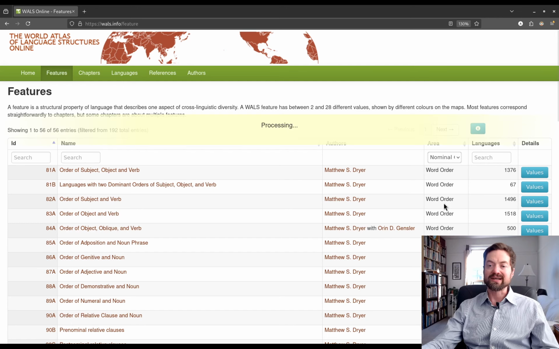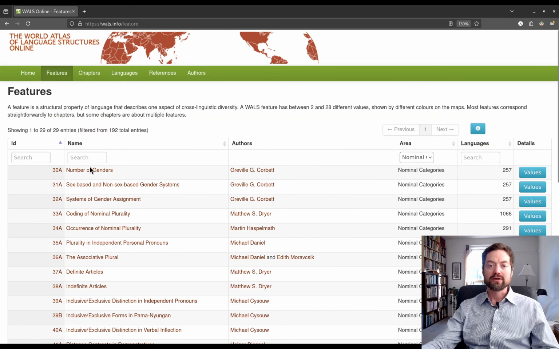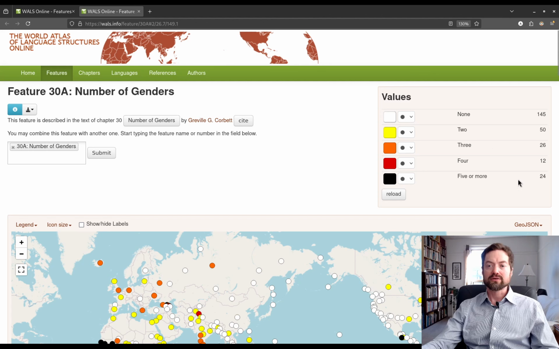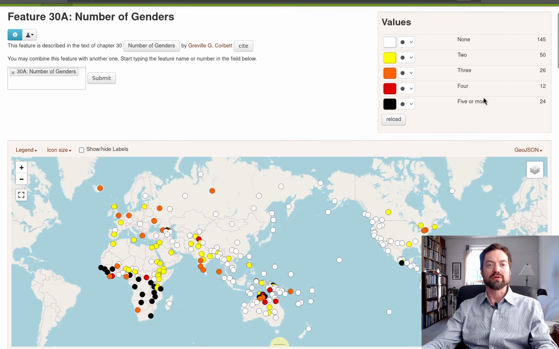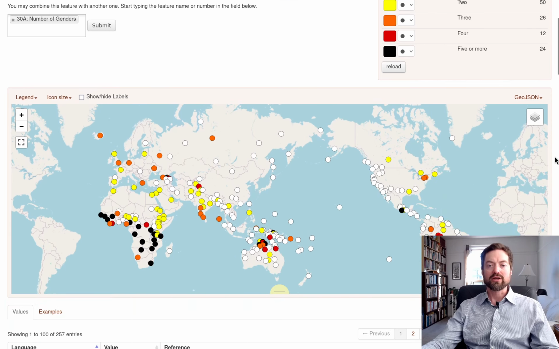One interesting area is the number of genders. We might ask, how many genders are possible? Well, it could be anywhere from 0 to 5 or more. So the concept of gender when it comes to language is pretty open.